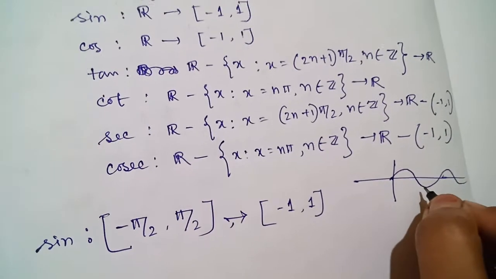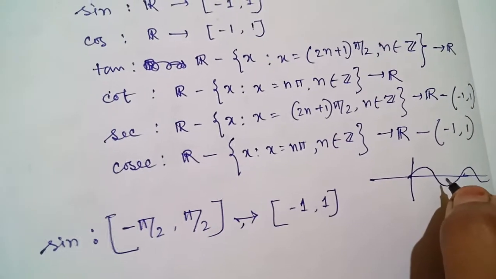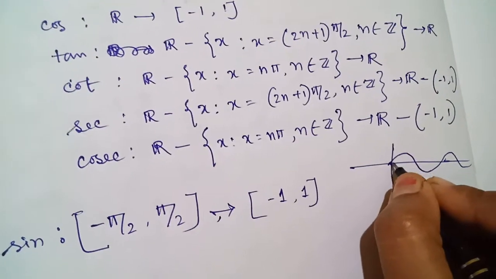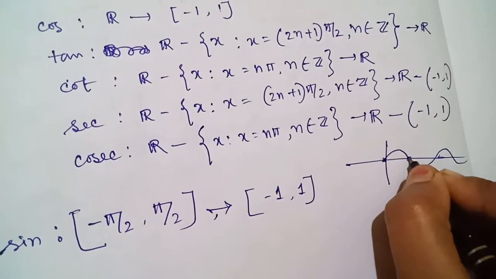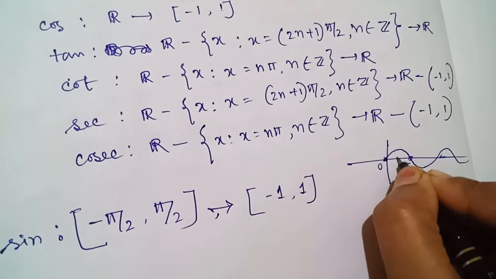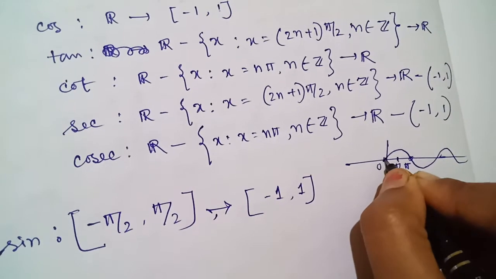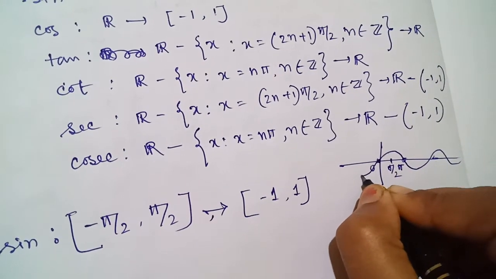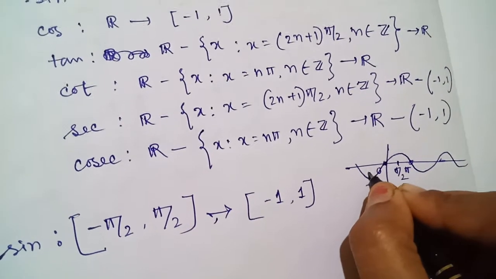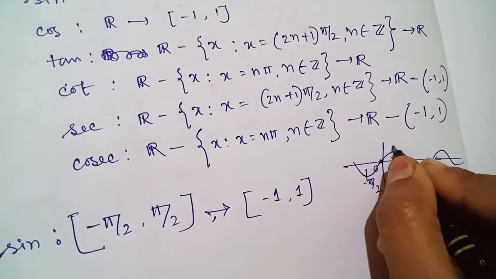Though the graphical representation is now deleted from the syllabus, it's just to know it. So from this to this, it's 0 to pi, and this portion is pi by 2. Similarly, this side also, this is minus pi by 2. So you can take from minus pi by 2 to pi by 2.